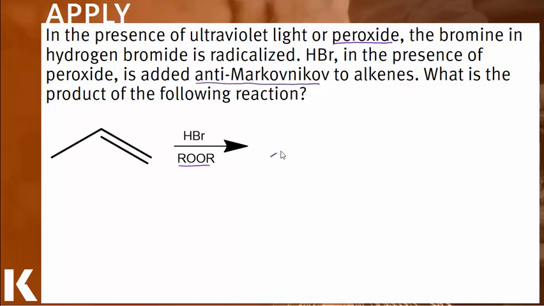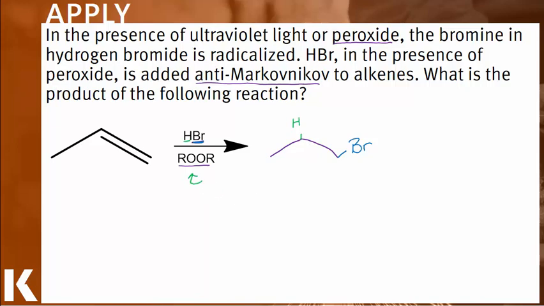So remember that we'll get addition of the nucleophile, our bromine in this case, to the less substituted carbon, and we'll get the addition of the hydrogen to the more substituted carbon. So this would be the major product we would form in an anti-Markovnikov addition. Again, we know it's anti-Markovnikov due to the presence of peroxide.